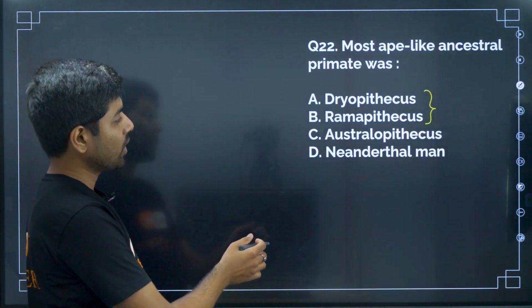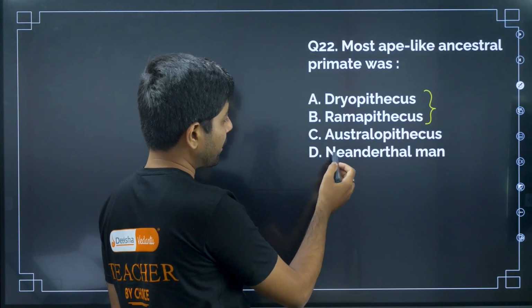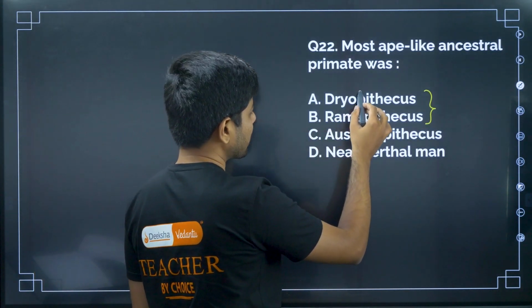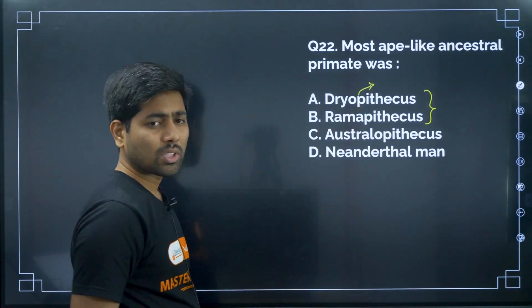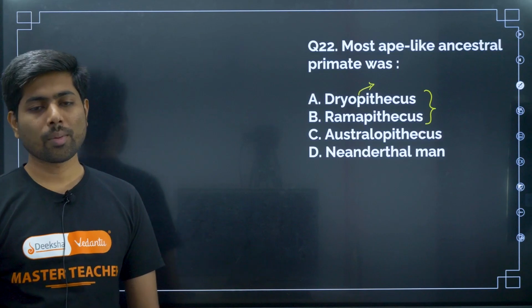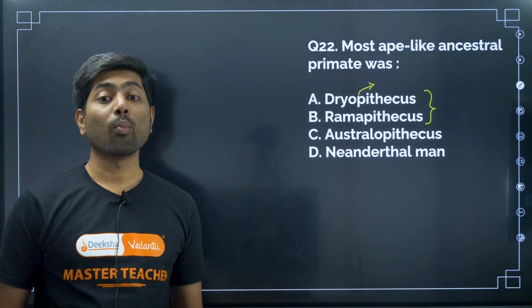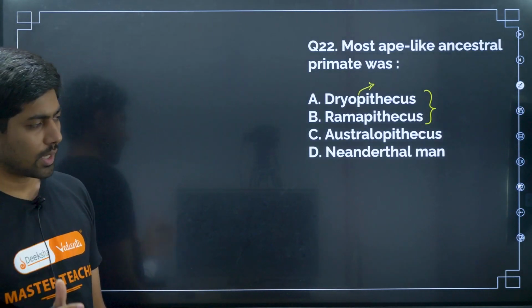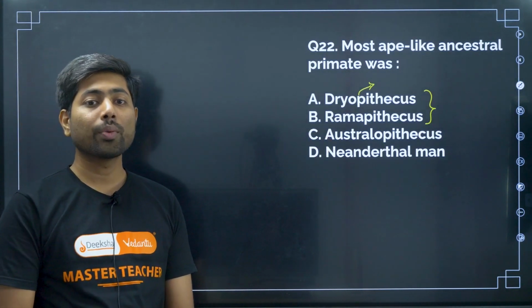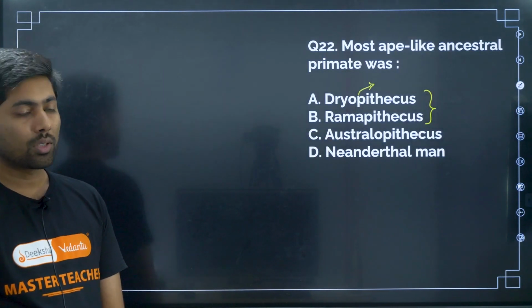Australopithecus and Neanderthal will come later, right? First are the ape-like ones. Now the answer is among these two, they exhibit similar characters, right? They're walking on four legs like the chimpanzees and the gorillas, right? They have body hair, correct? All of this is same, right? They were found around 15 million years ago, right?